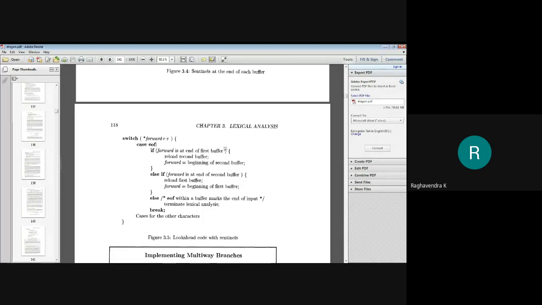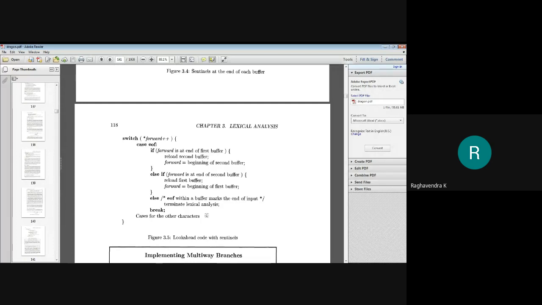If forward is at the end of the first buffer, you reload the second buffer, and forward is set to the beginning of the second buffer. Second, if forward is at the end of the second buffer, reload the first buffer and set forward to the beginning of the first buffer. Suppose it is the end of the file itself, then terminate the lexical analysis, right? If any other characters are found, then obviously write the cases for those characters that have been read.